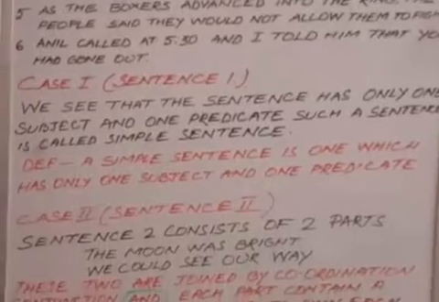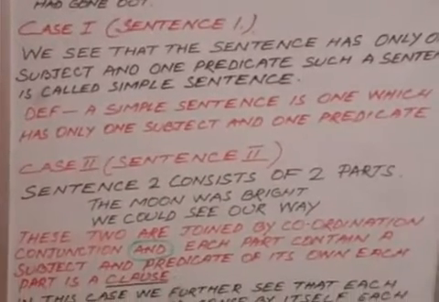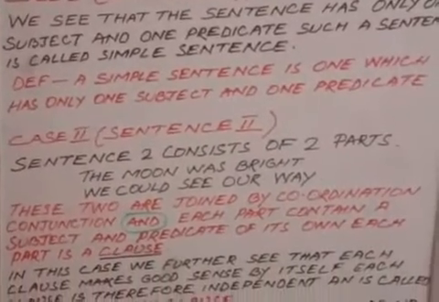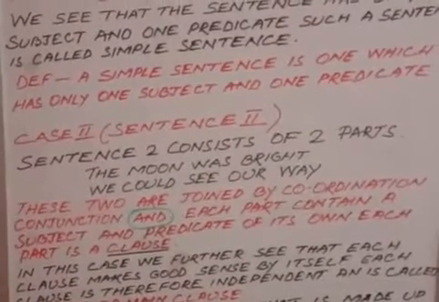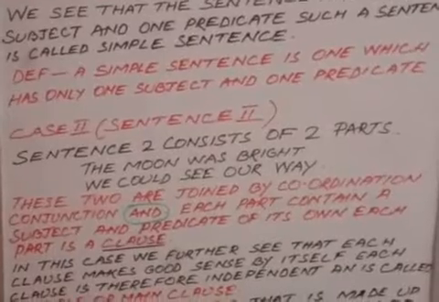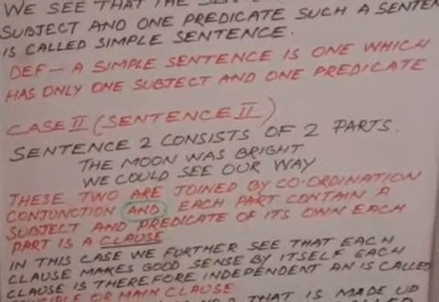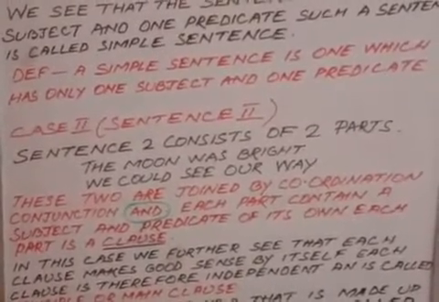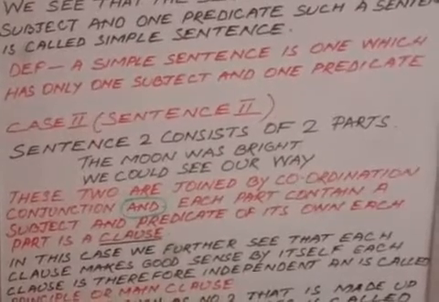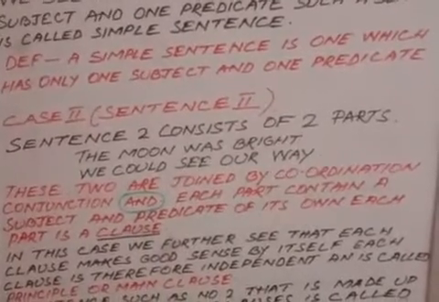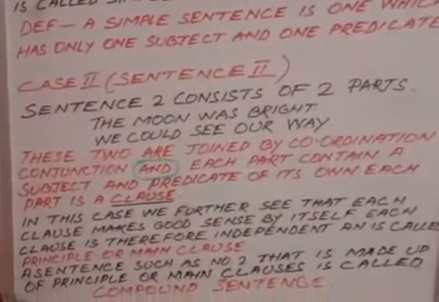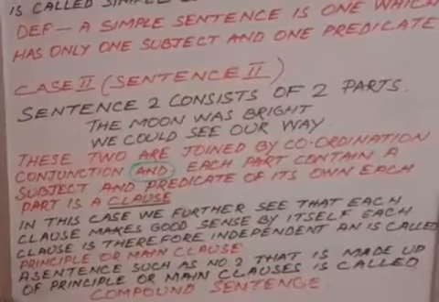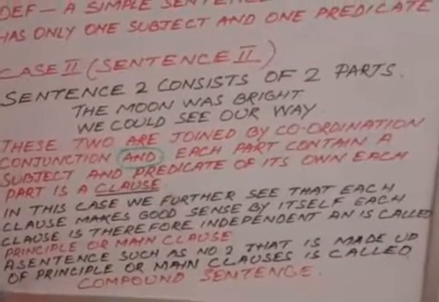So what we see here, these two parts are joined by a coordinating conjunction, and. Each part contains a subject and a predicate of its own. Each part is called a clause. In this case, we further see that each clause makes good sense of itself.